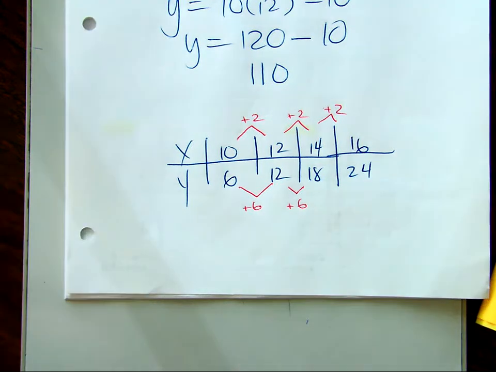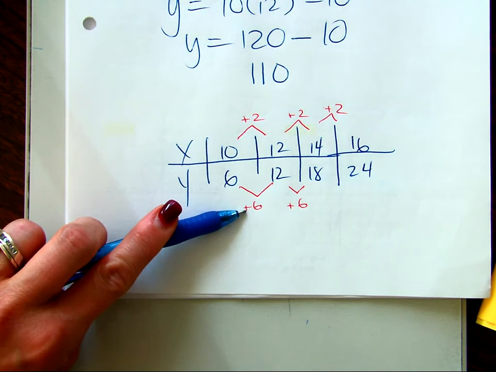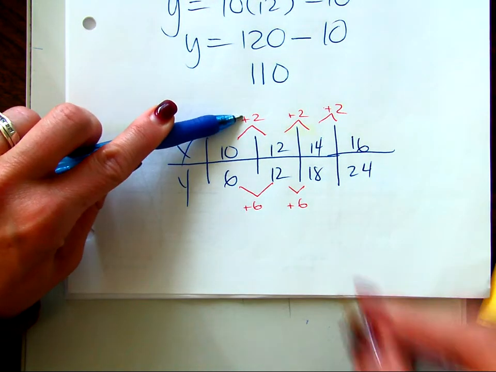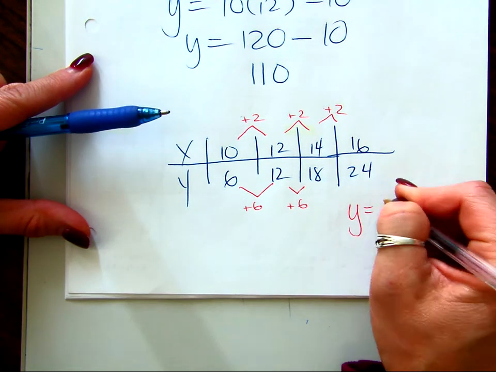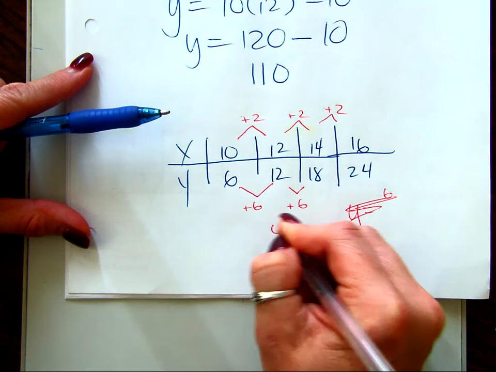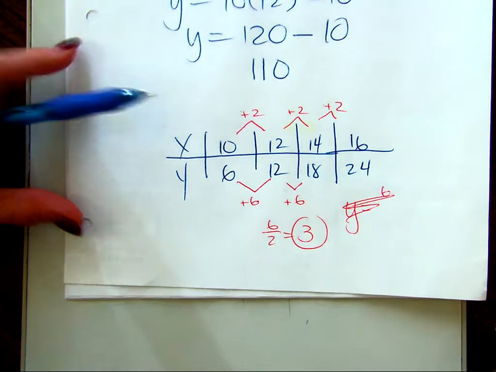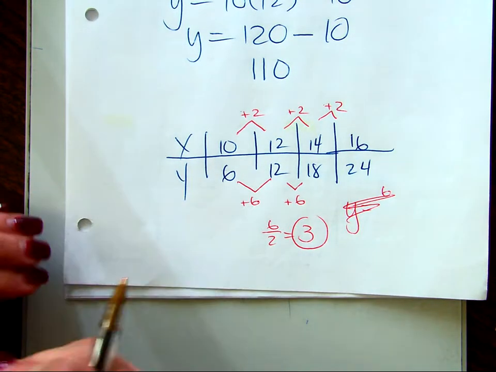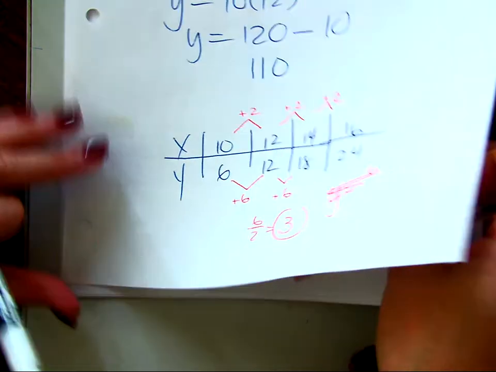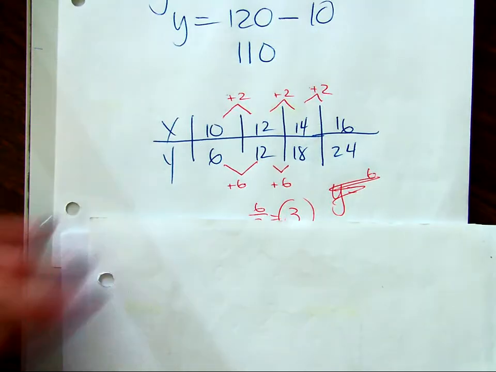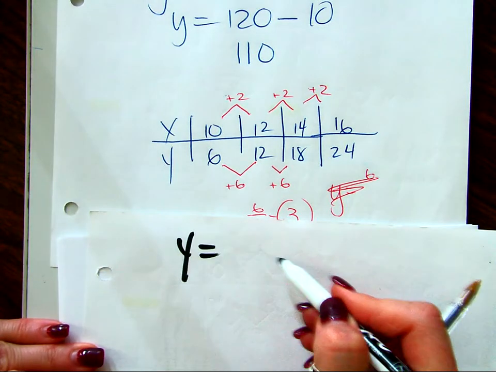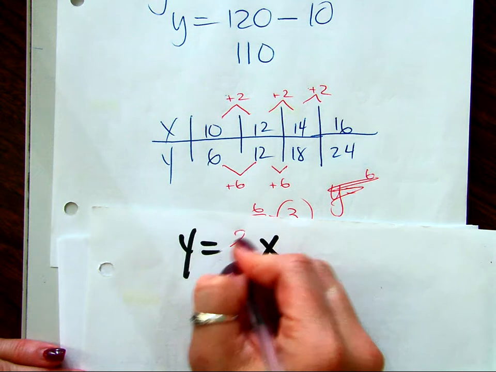So, no, this works. So what's my rate of change? The y divided by the x. So my rate of change is 6 divided by 2, which is 3. So you know what that means? That means right now I know one of the 2 things I need. I know that y is equal to 3x, right?